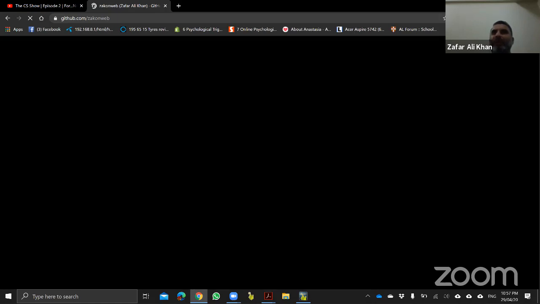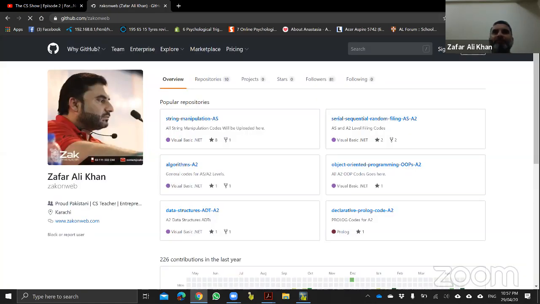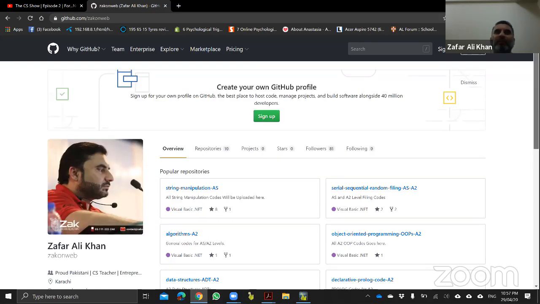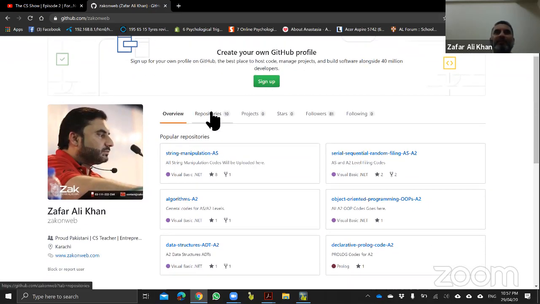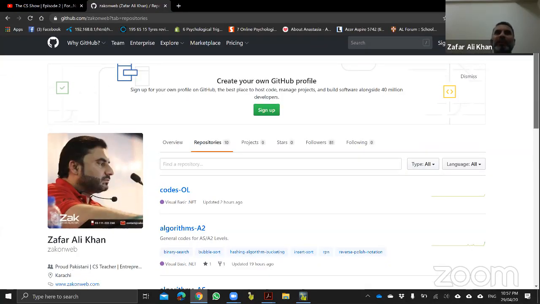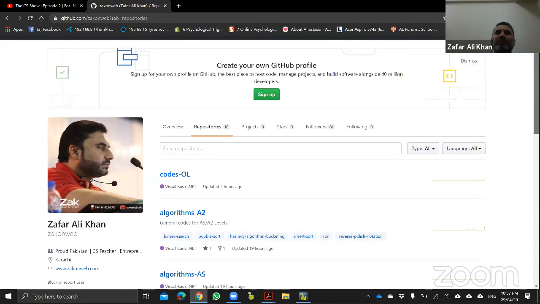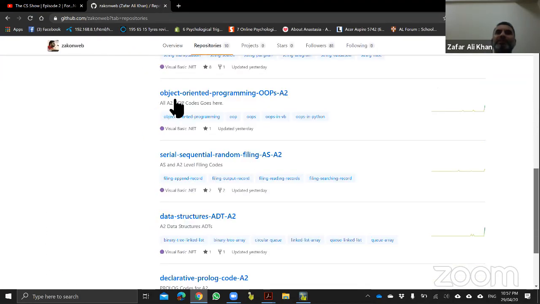Now, here in GitHub, you have to find a repository. Click here. There are 10 repositories I have uploaded. Click here, over here. And you would see this codes O level. There are other codes AS, A2 and all, but we have to pay attention to codes O level.